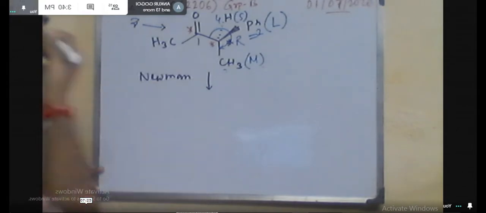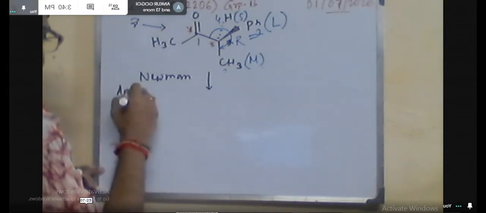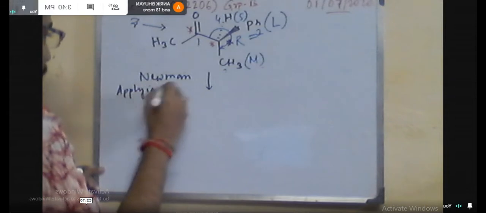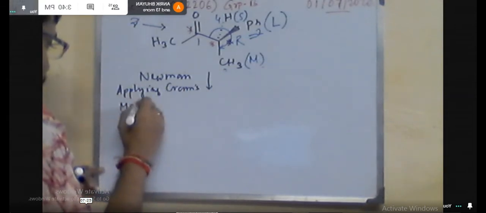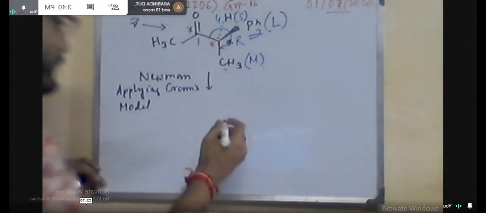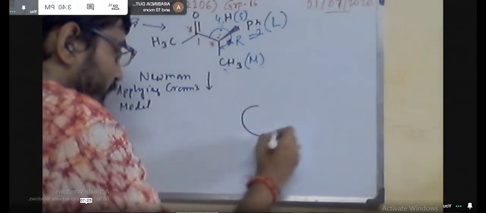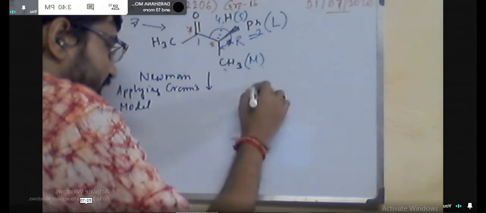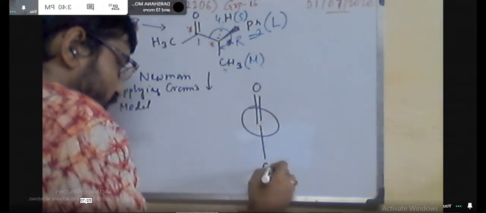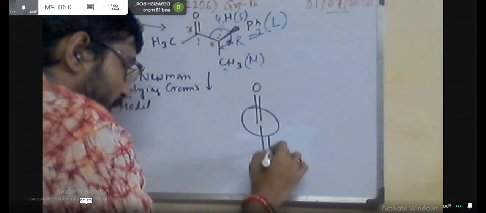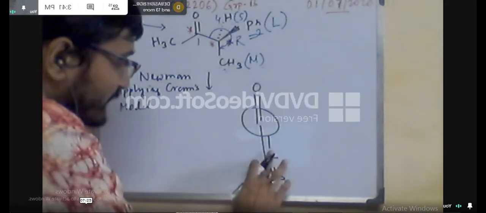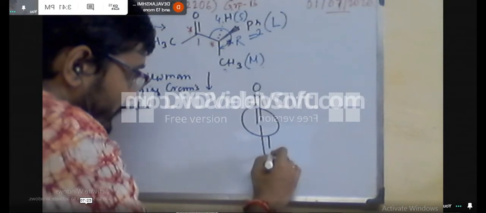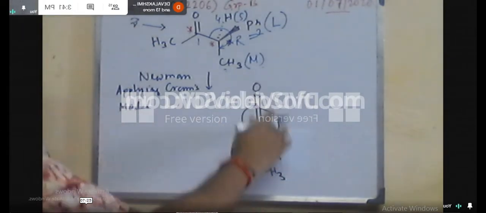Here it will be the large group, and in this case phenyl is the large group. So phenyl will be in the anti-periplanar conformation. Now you have to maintain the chirality of that carbon. So here this is carbon 1, this is carbon 2. The rotation should be clockwise in this case for the distal carbon.